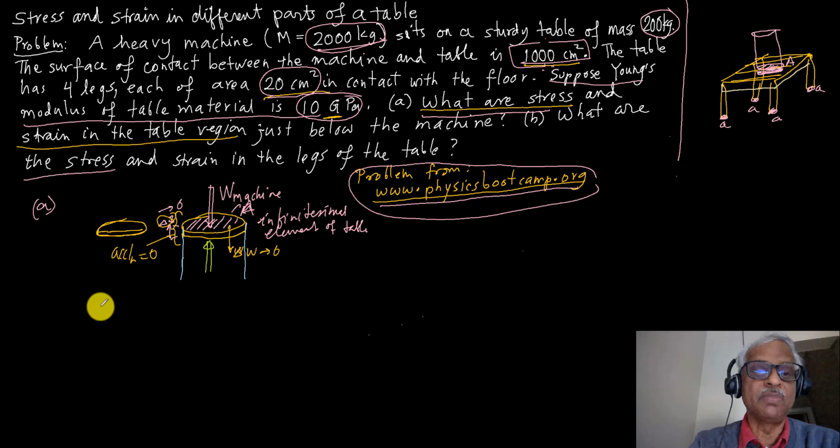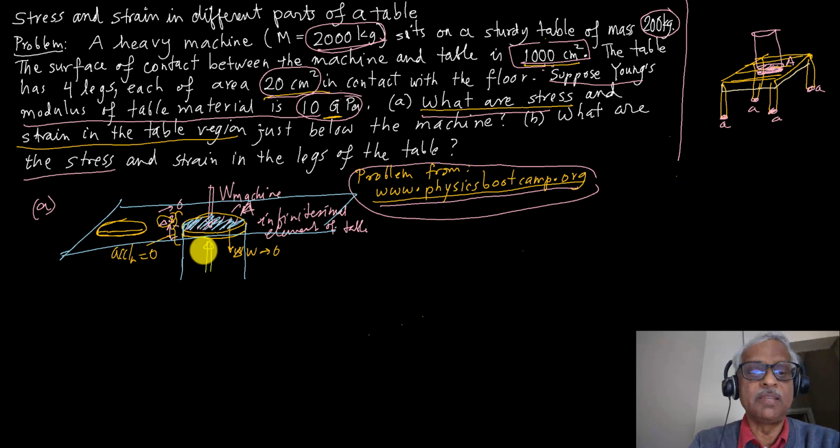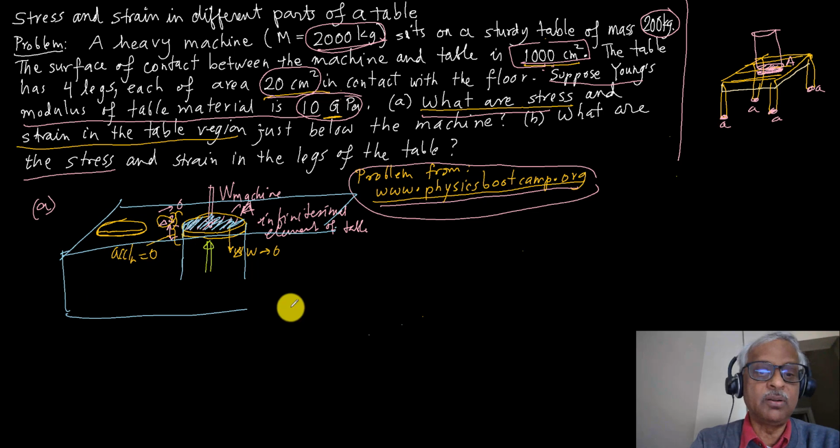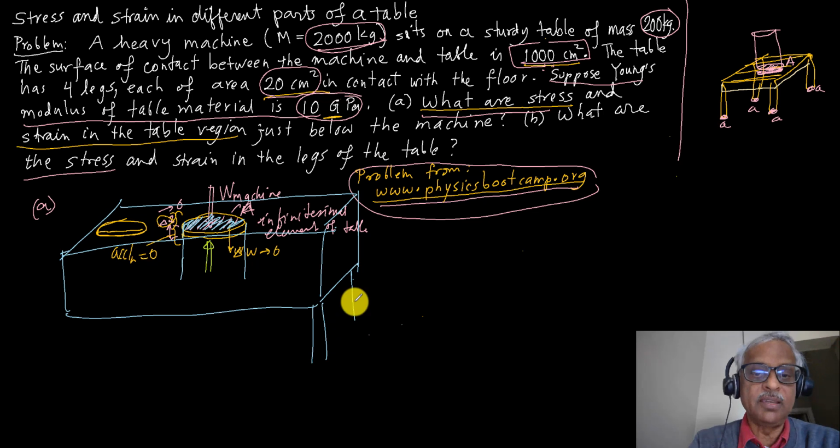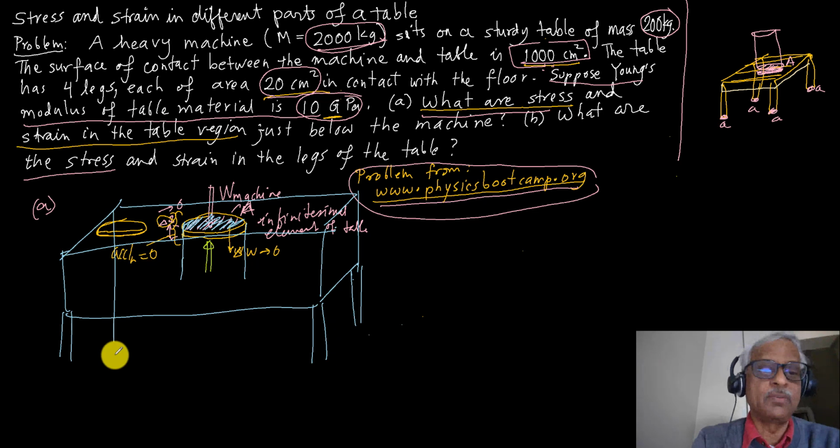So this is the table. The table is this surface. So this is part of the surface of the table, and all these are table, and the legs are here. Legs are those guys.